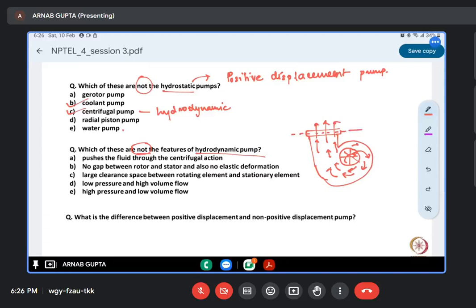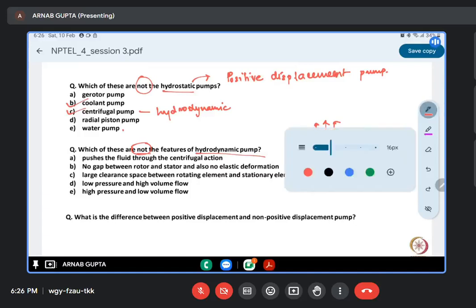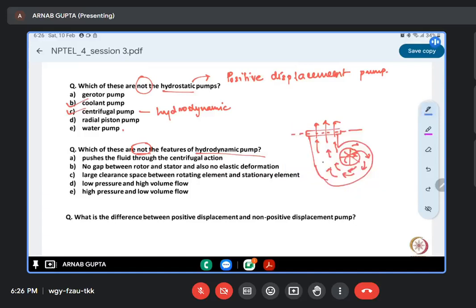As you may notice, there is a clearance, and this clearance is considerable between the stator part. The stator part is the housing, because it is stationary, and this is the rotor part. It is rotating, or I would say, the impeller.